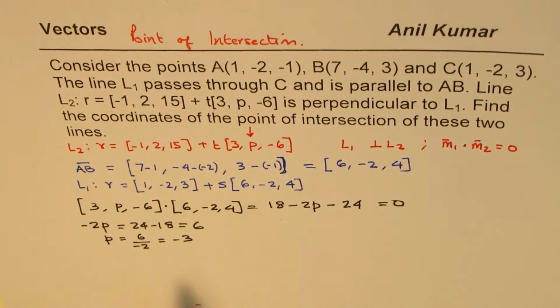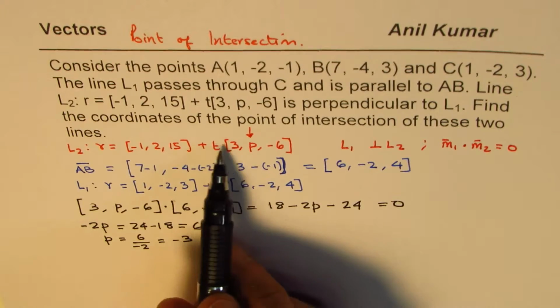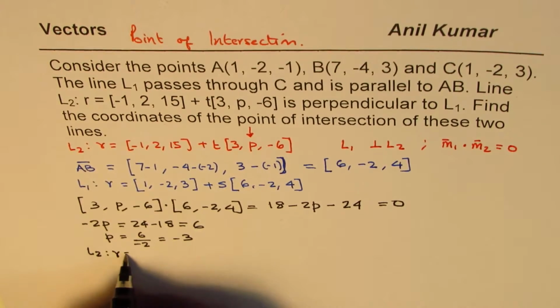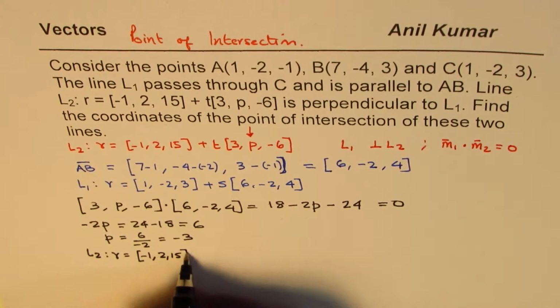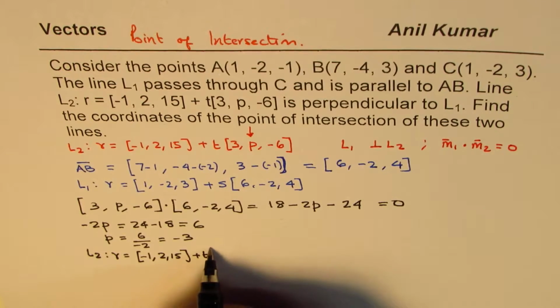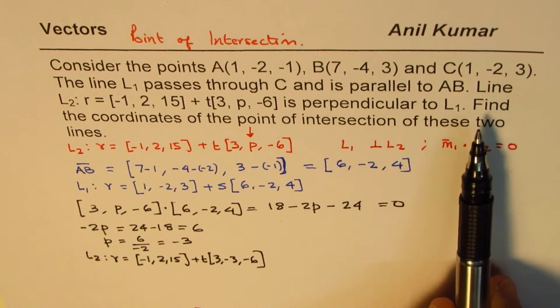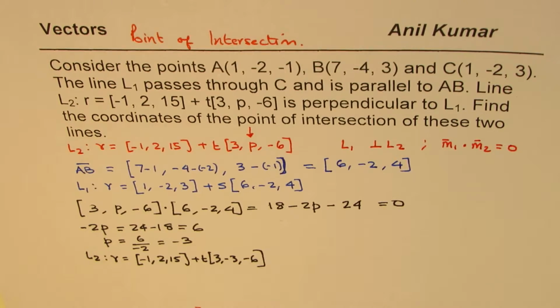Now since p is -3 for us, we can write down the equation of L2. That gives us the equation for L2 as r = (-1, 2, 15) + t(3, -3, -6). So that becomes the equation of the line L2. Now we are in a position to find the coordinates of the point of intersection of these two lines.